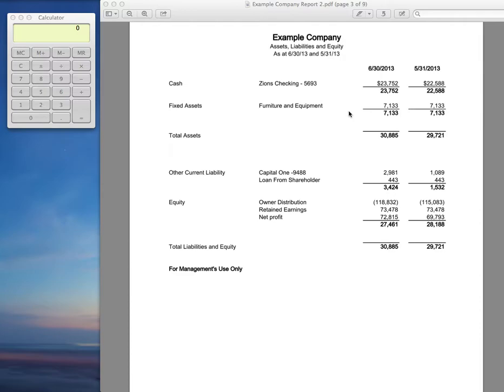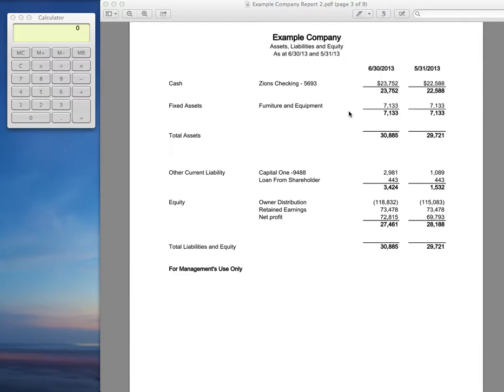And you might ask, why would furniture and equipment show up on the balance sheet instead of on the profit and loss statement? You know how the IRS and other accounting standards often don't allow you to deduct or expense things all at once, right?